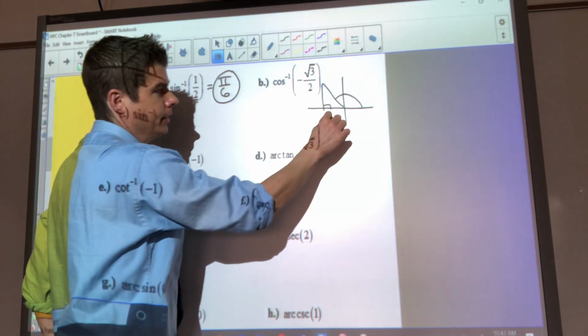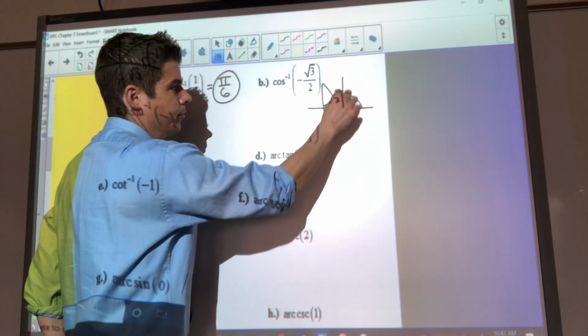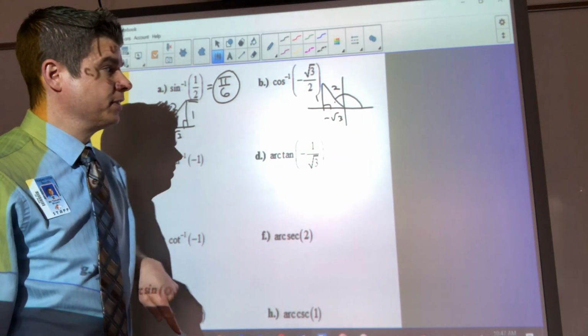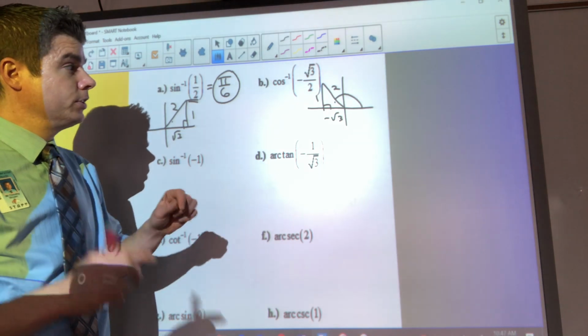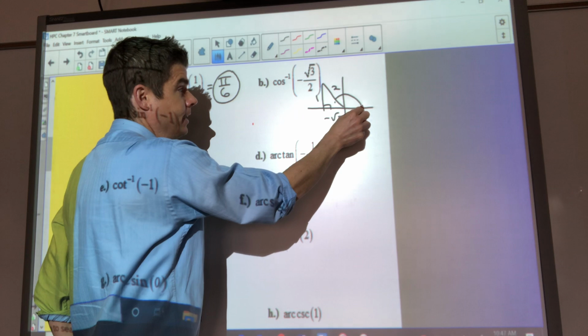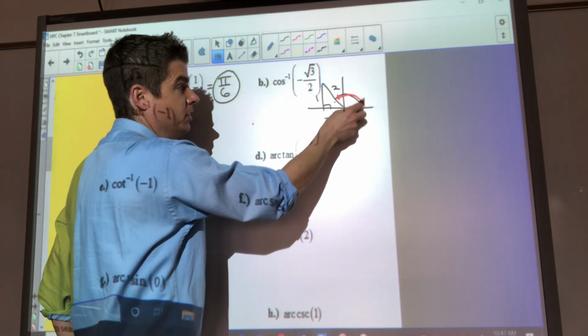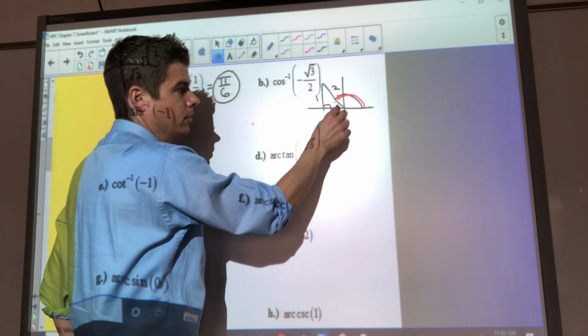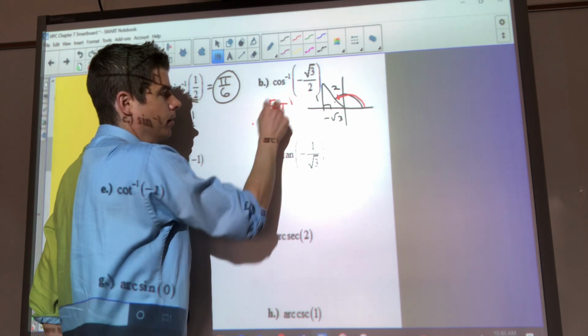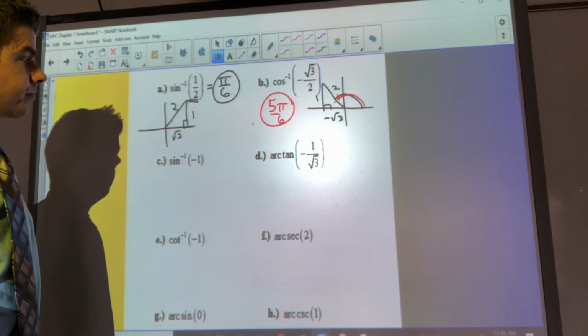And so then we complete our triangle, negative root 3 to 2, 1. So this is another 30-degree reference angle in quadrant 2. So what I'm really looking for is the angle that makes that. Remember, it has to be between 0 and 180. So if that's a 30-degree reference angle, we're talking 150 degrees or 5 pi over 6.